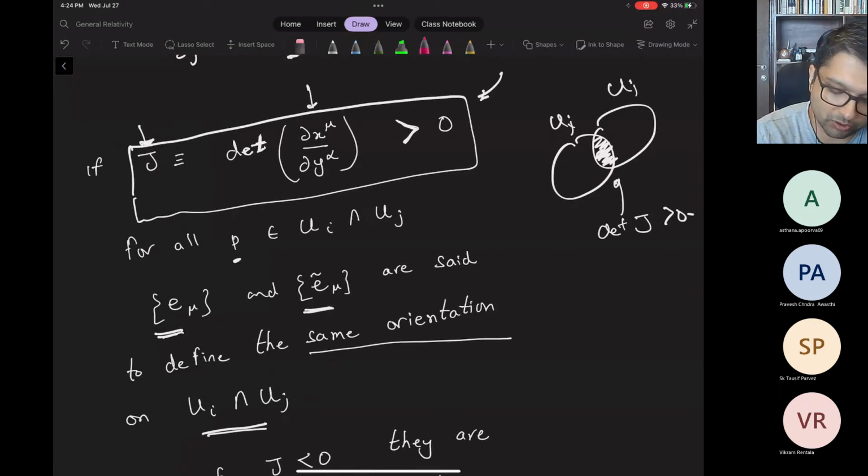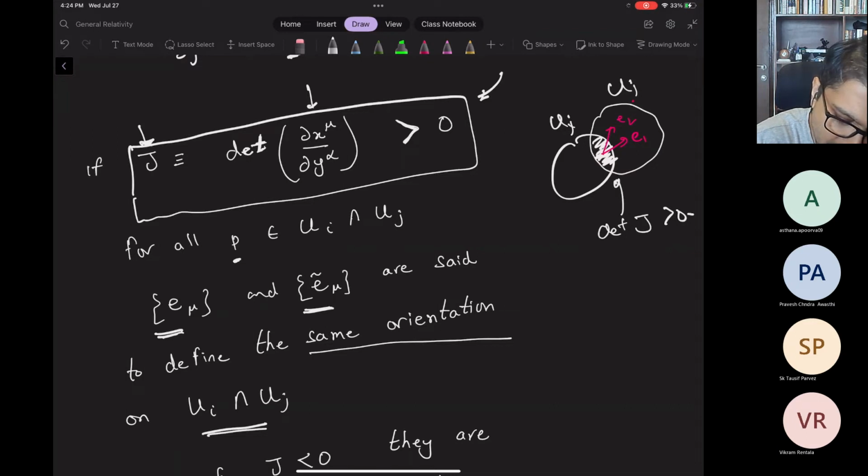What we mean by that is, let's say in the basis of Ui we had the tangent vectors E1, E2, and in the basis of Uj, the ordinary E's, E1, E2.